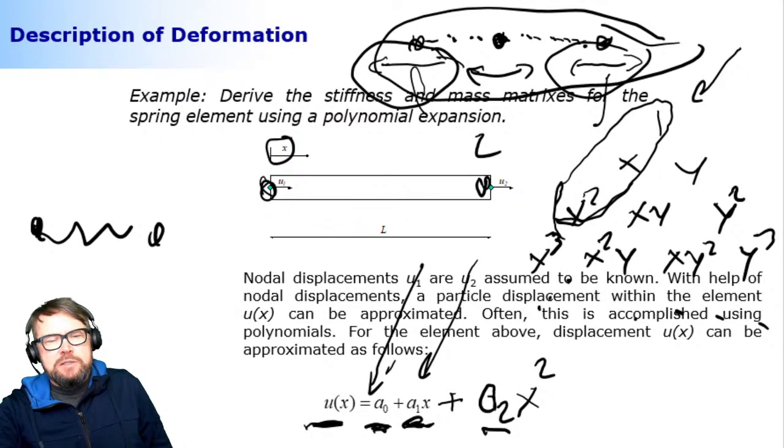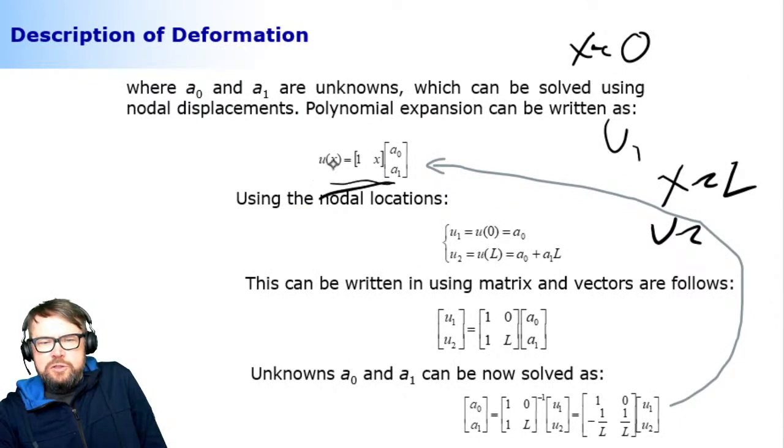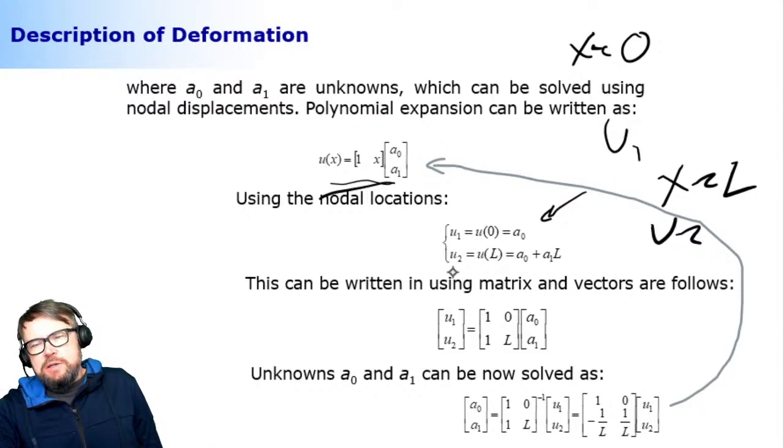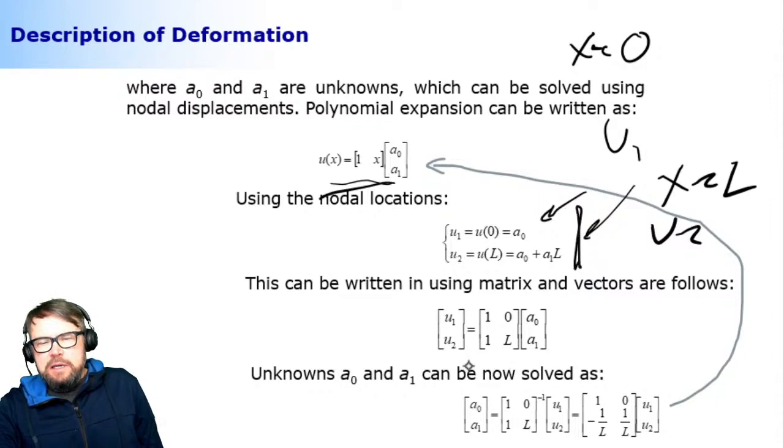Okay, let's use this information. So let's substitute 0 into the original equation that was written in the previous slide. What I'm going to get as a result is obviously A0. And when I substitute L where the x is located, I'm going to get the equation A0 plus A1 multiplied by L. Okay, sounds good. So let's express these two equations in the form of matrices and vectors.